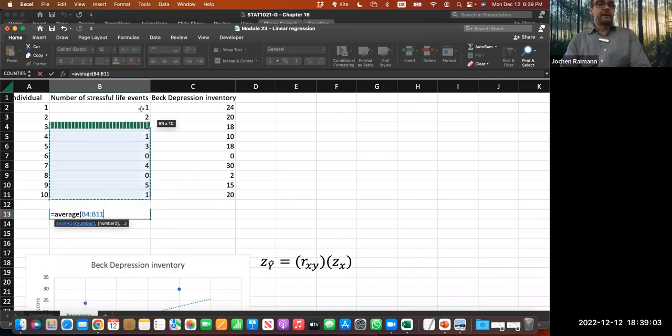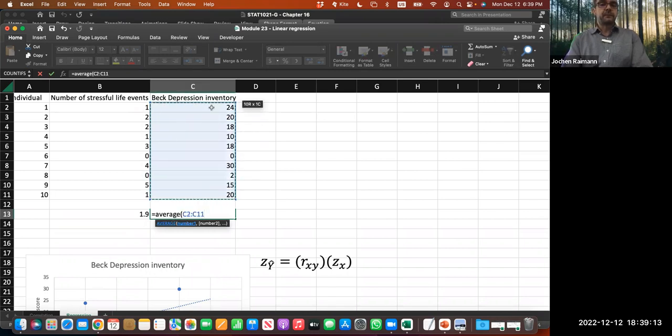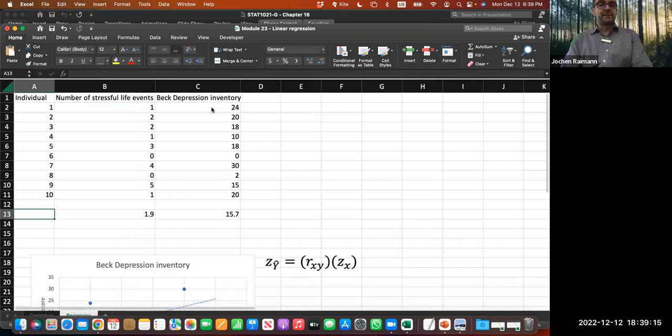That will basically get us the average life events, which is 1.9. Then we get an average of our depression score, which is 15.7. So that's the average. Then also, since we're dealing with Z scores, we will need a standard deviation.